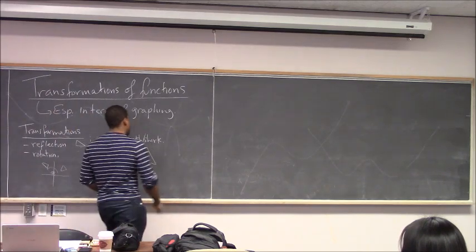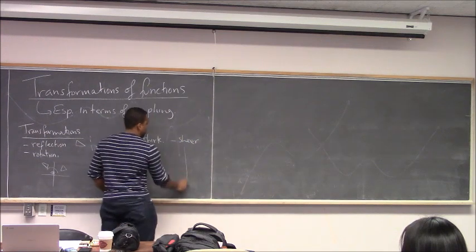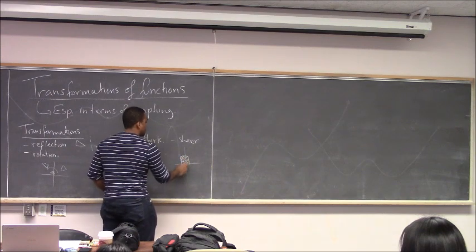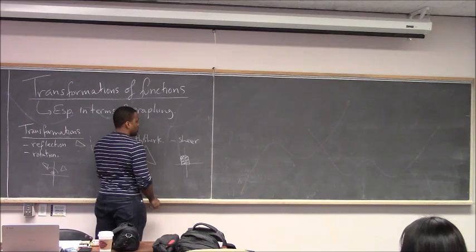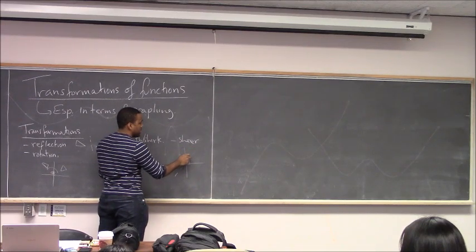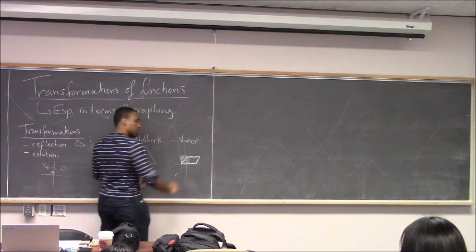You can also have what's called a shear. Let's say a rectangle was your original object. It basically means you change one of the axes at an angle. You can imagine that the y-axis is leaned, but you still want to maintain the same shape. So a rectangle would become a parallelogram. It's like you slide it.